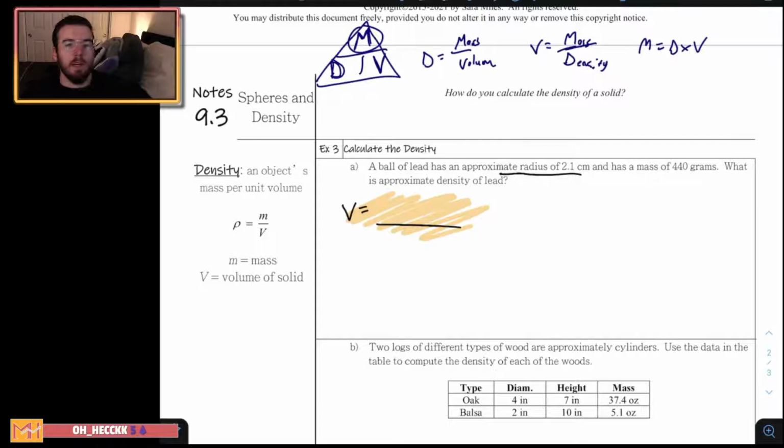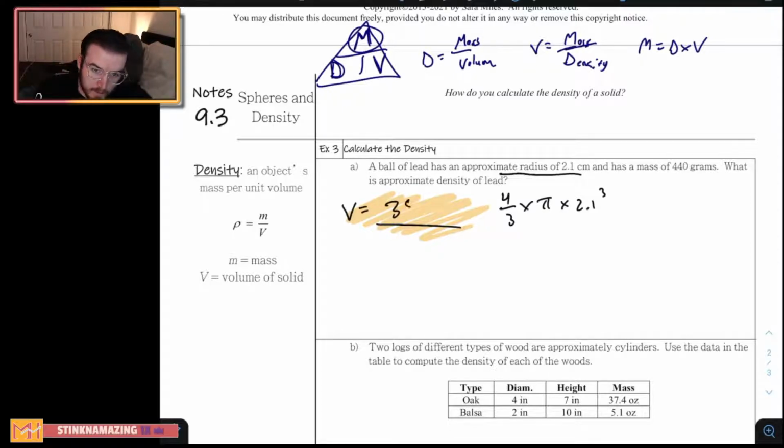Some answers pop up on screen. If you're solving for volume, you used 4/3 pi r cubed, so that's what you plugged into your calculator. So 2.1 cubed times pi times 4 divided by 3.